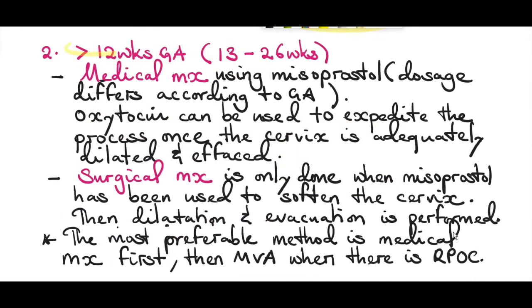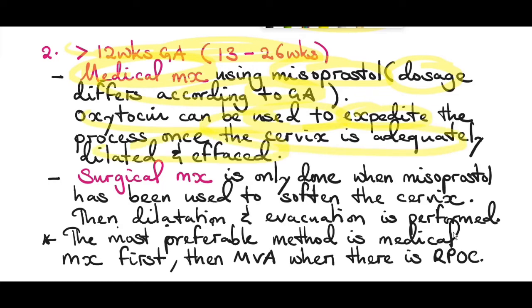If the pregnancy is more than 12 weeks gestational age, 13 to 26 weeks, you can either have a medical management where you use misoprostol. Remember that the dosage differs according to the gestational age. Then oxytocin can be used to accelerate the process once the cervix is adequately dilated and effaced.